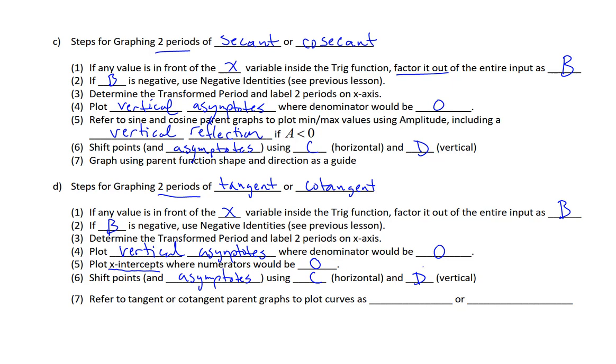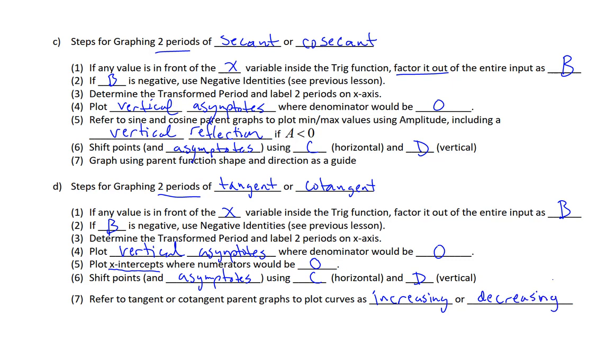One thing these graphs do have in common, secant and cosecant, tangent and cotangent, is that they all have vertical asymptotes. And you'll notice that if you think carefully through all this. And then lastly, refer to tangent or cotangent parent graphs to plot curves as increasing or decreasing.